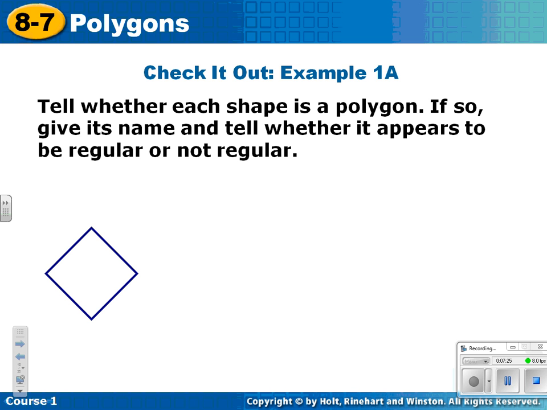Is it a polygon, Alexis? Is it regular? Does it appear to be regular? I would say it does. Give me its name, Jonathan. Leah. Diamond is not really going to be a geometric shape.